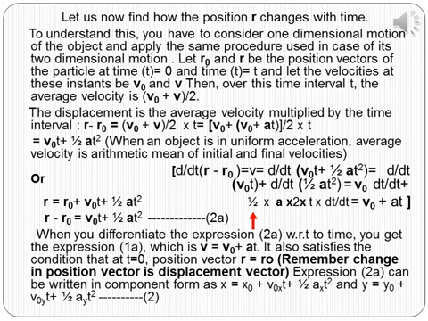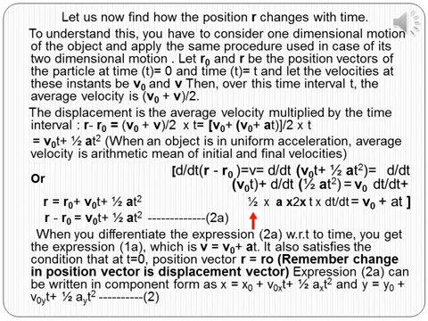Then over this time interval t, the average velocity is the arithmetic mean of initial velocity and final velocity, which is equal to v0 plus v whole divided by 2.